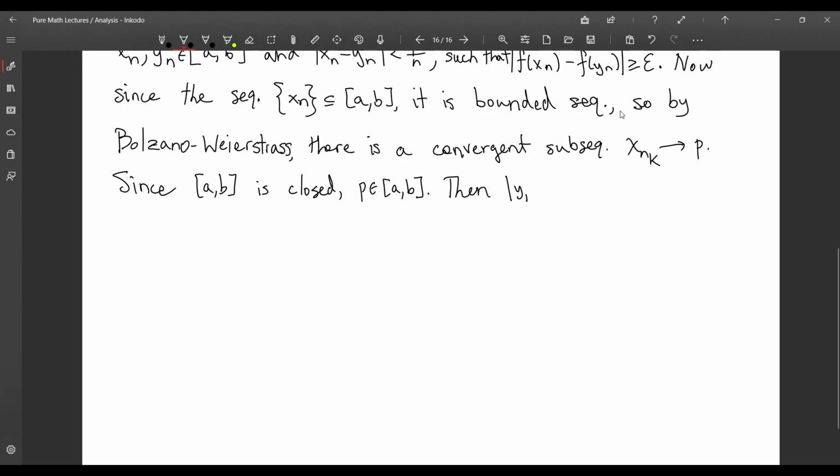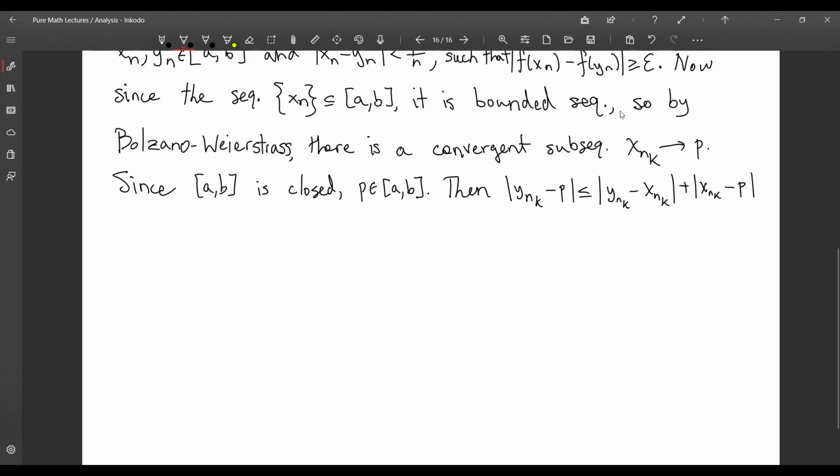Then let's look at the y sub n sub k. Here we're going to use the triangle inequality. It's less than or equal to, so we just plug in an x sub n sub k here.